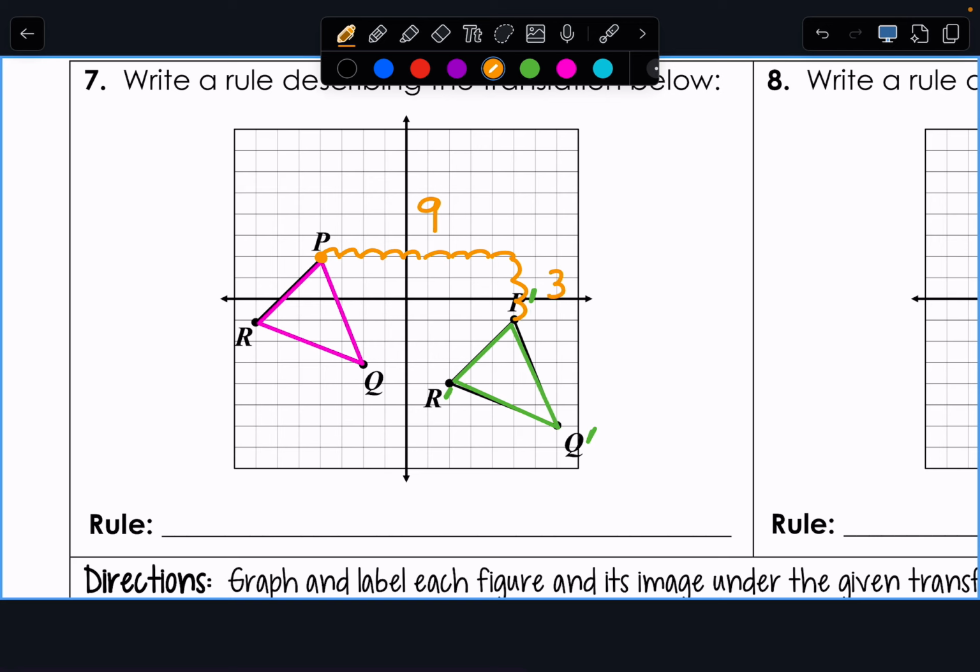So if I'm going to write this rule, x comma y arrow, if we had to move to the right, what are we going to put right here? X plus 9 or minus 9? Plus 9. We moved to the right. We went to the right 9. We go positive 9. Okay, I'm feeling like we can do this one. What are we going to put right here? Y minus 3.